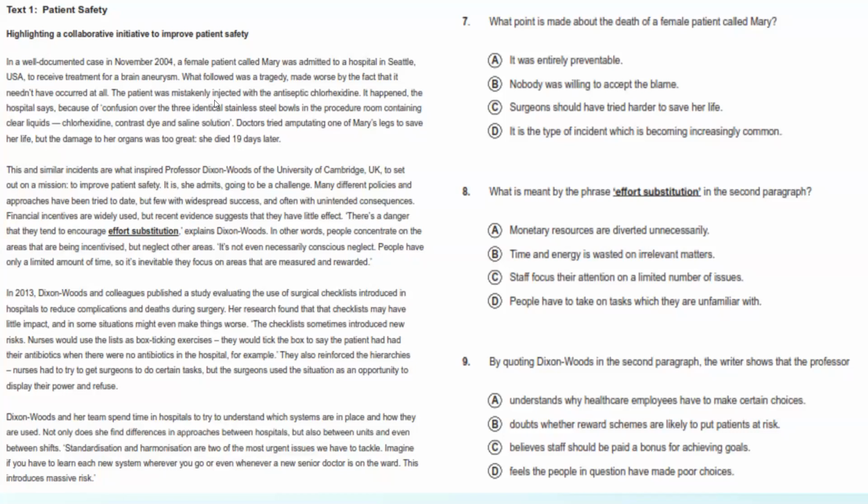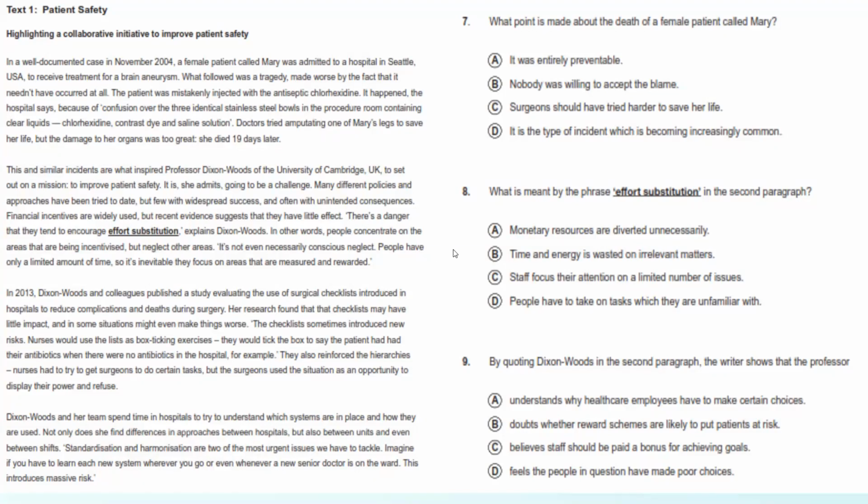So I will search for the correct answer in this paragraph. Then, what's meant by the paraphrase effort substitution, highlighted and underlined in this paragraph, by quoting Dixon Woods in the second paragraph? This is the second paragraph.